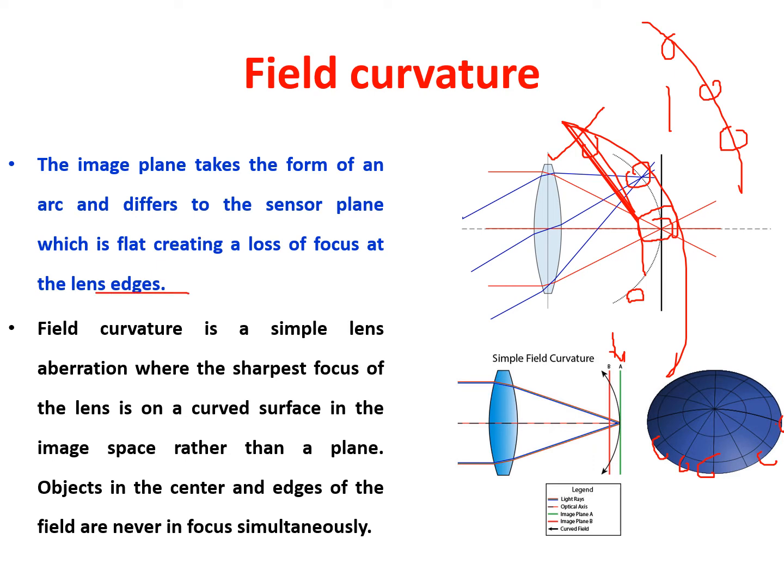Field curvature is a simple lens aberration where the sharp focus of the lens is a curved surface in the image space rather than a plane. Instead of a plane, it will form like a curve. Object in the center and the edge of the field are never in focus simultaneously. See, this corner and the edge, it is not focused simultaneously. So both are different.